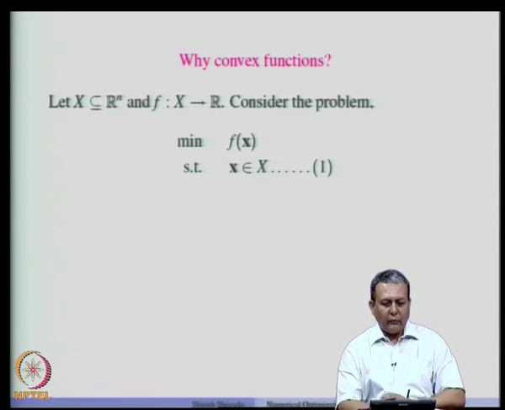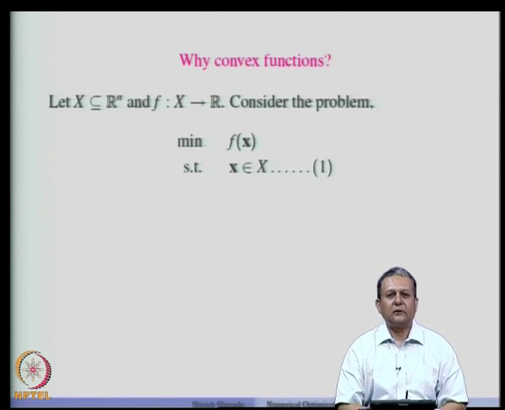Now, before we go into those details, let us try to see why we worry so much about convex functions. Convex functions play a very important role in optimization literature, and as I mentioned, they have some nice properties, and we will see some of those properties.